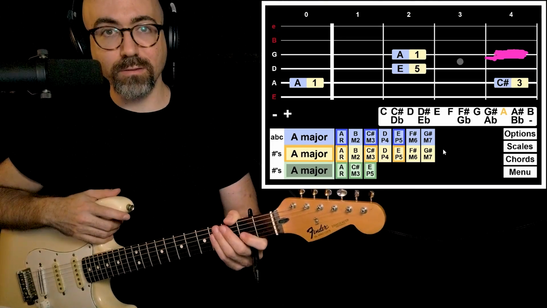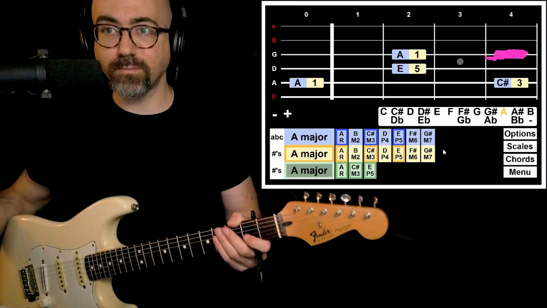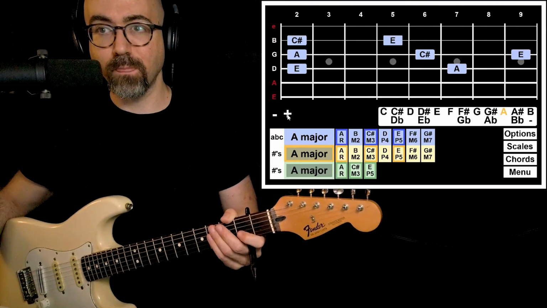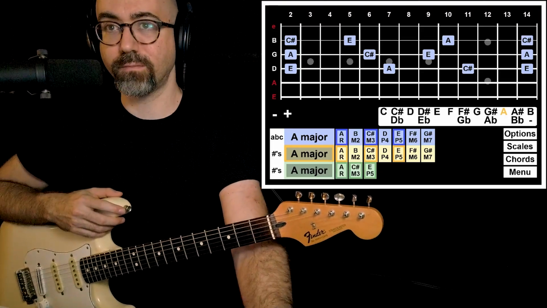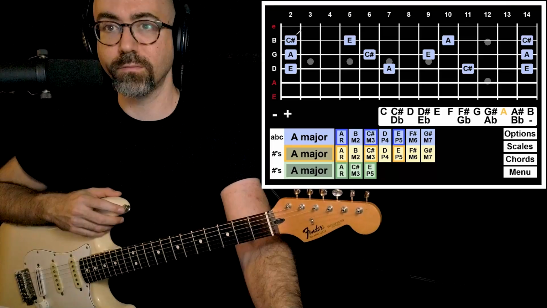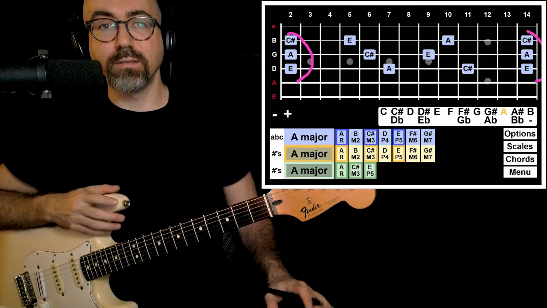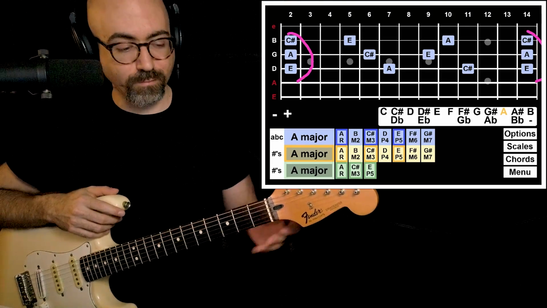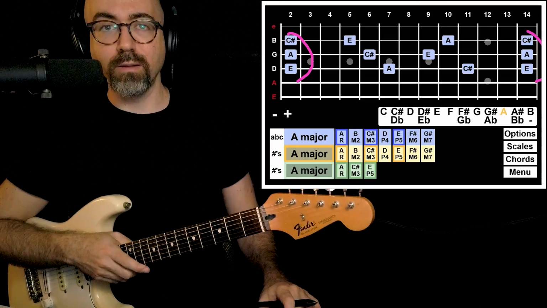So now let's take those notes and map them across the fretboard and learn the positions. First thing to notice, once we get to the 14th fret, look at this. Same note, same position. All that's showing you is that 12 and 14 are an octave apart.